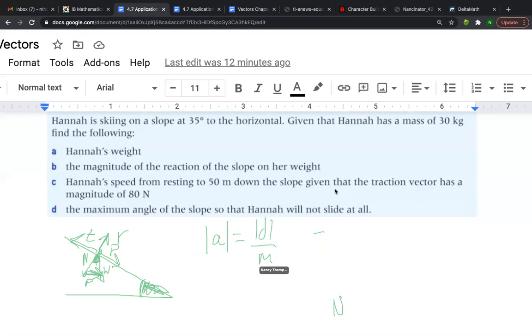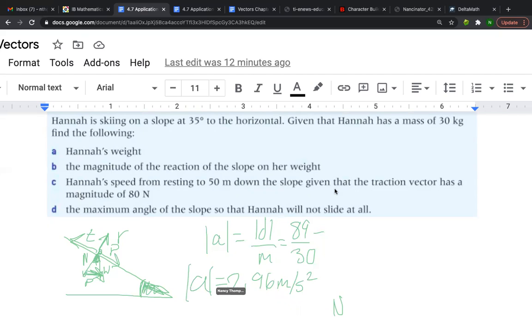So we have 89, which is the answer that we just found, over 30, which comes out to 2.96 meters per second squared. So that's her acceleration.